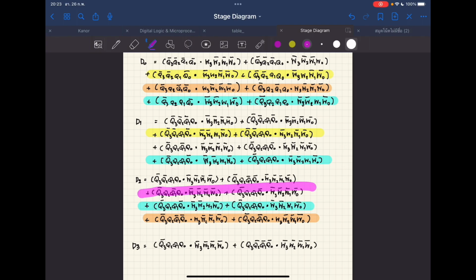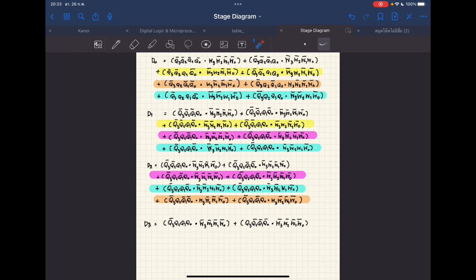And also this one is the same. And do we have more? So I think that's it. So these are the same equation, so we don't have to do the circuit again.